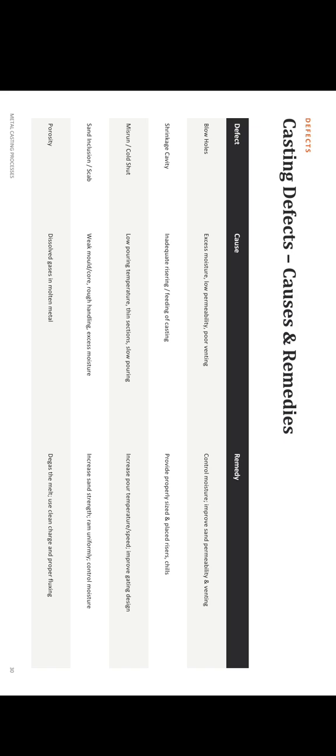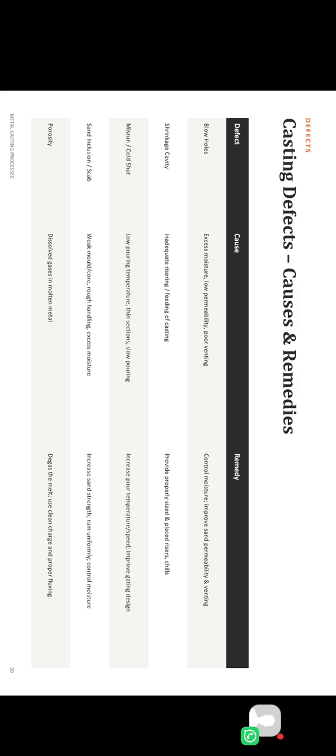Casting defects, causes, and remedies. Blowholes: cause is moisture or low permeability, poor venting. Remedy: control moisture, improve sand permeability and venting. Shrinkage: inadequate risering and feeding of the casting. Remedy: provide properly sized and placed risers and chills. Cold shut: low pouring temperature with thin sections. Remedy: increase pouring temperature and speed, improve gating design.